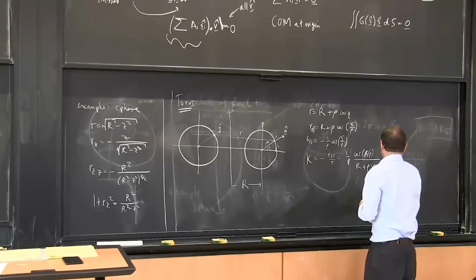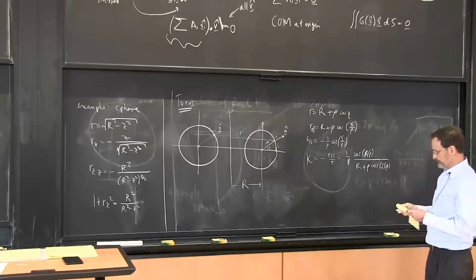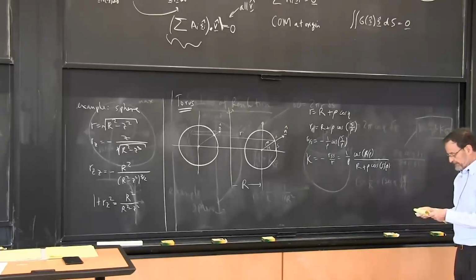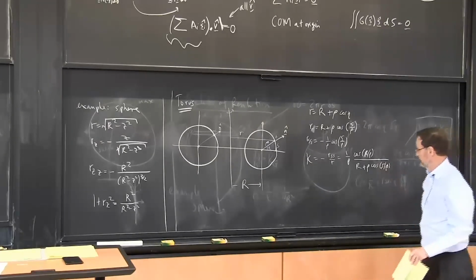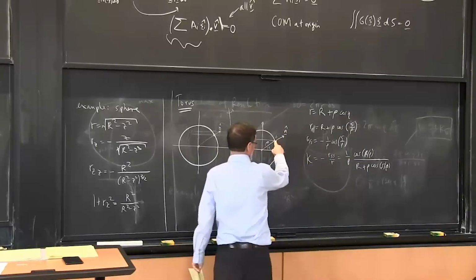Okay, so combining those using the formula we had over there for the case where r is given as a function of the arc length, this is what we get, and it's for this part.